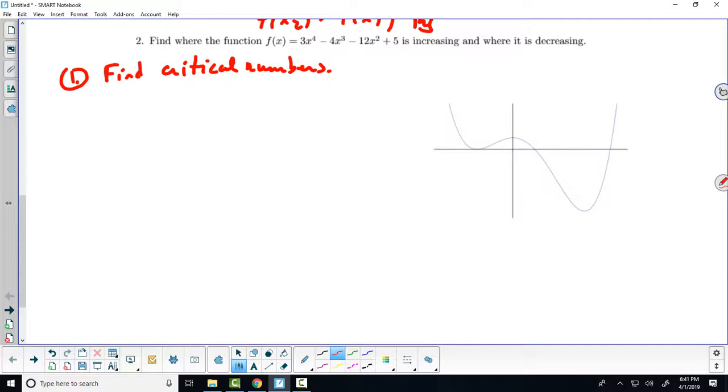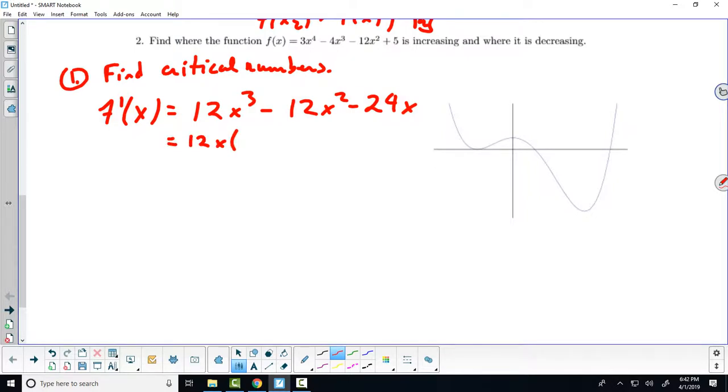Well, let's go ahead and find critical numbers, so we better take the derivative. So we get 12x cubed minus 12x squared minus 24x. Okay, let's see here. I think we factor out a 12x, and when we do so, we get x squared minus x minus 2. So I think we could keep going. x minus 2, x plus 1.